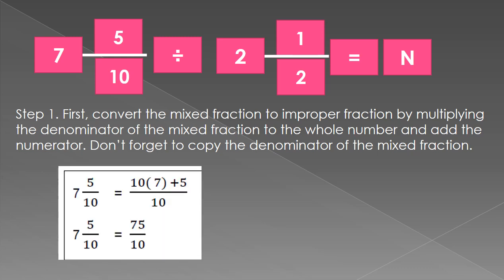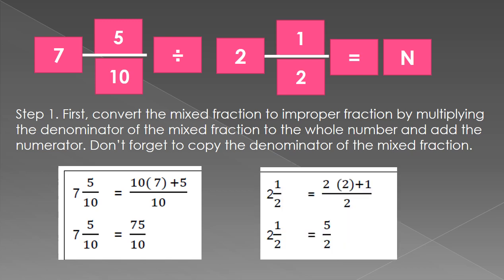So let us perform. 7 5/10 is equals to 10 times 7 plus 5 over 10. So 10 times 7 is equals to 70 plus 5 is 75 over 10, since we're going to copy the denominator.